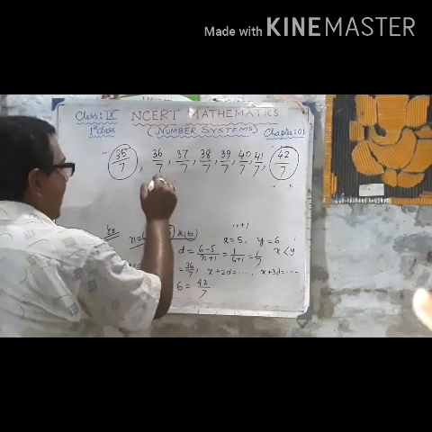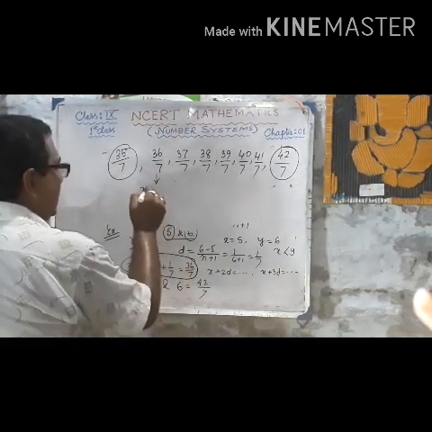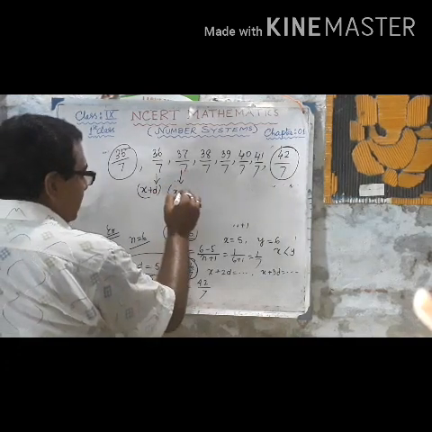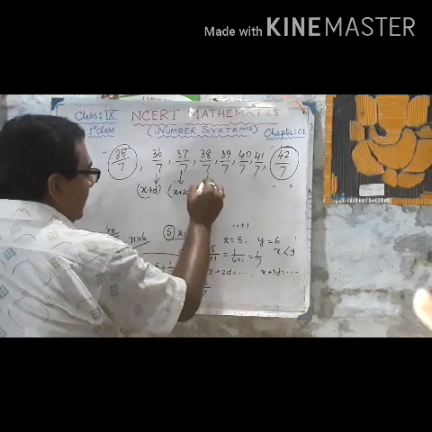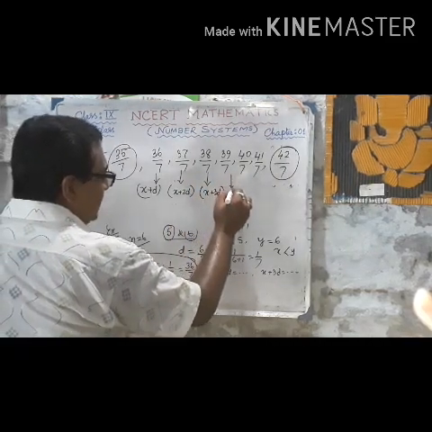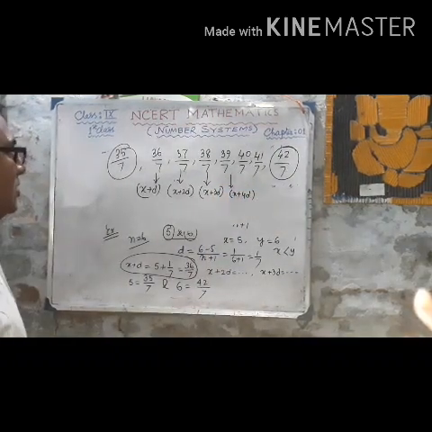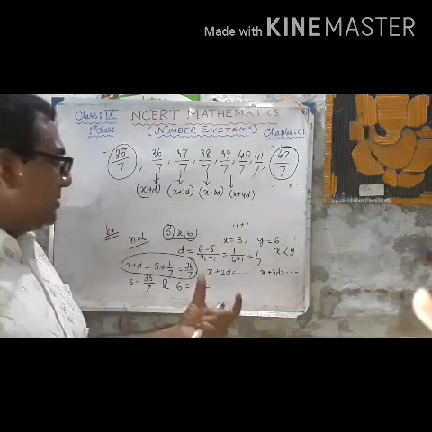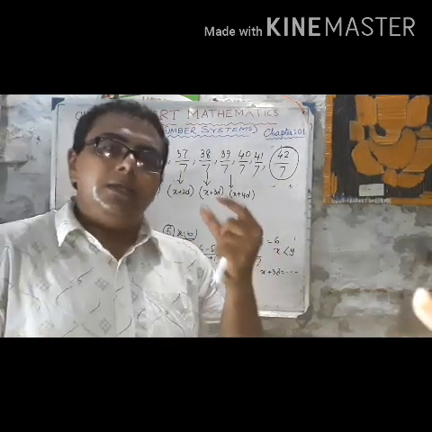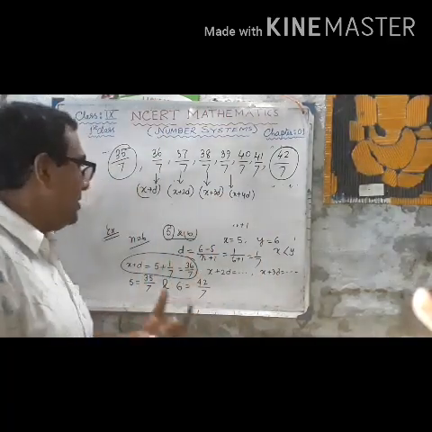And this is 36 by 7, x plus d; 37 by 7, x plus 2d; 38 by 7, x plus 3d; x plus 4d, and so on. So this is another process to plot the rational numbers between two given rational numbers.